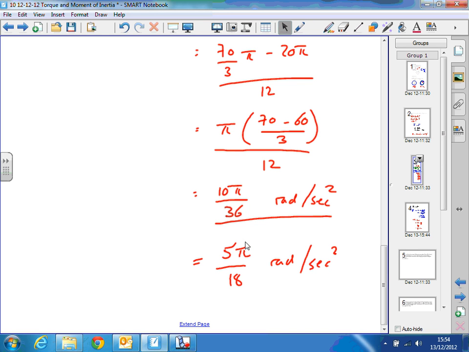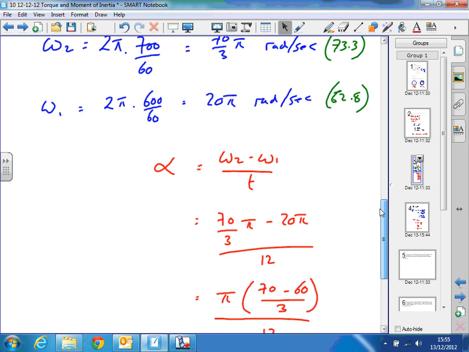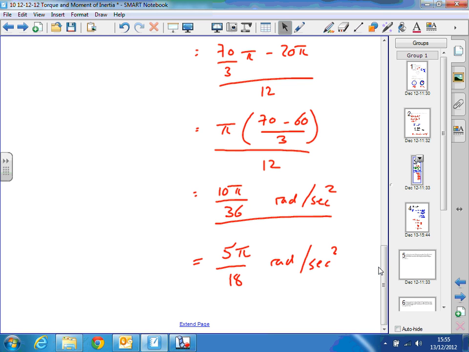Perfectly acceptable. I'm not saying you must do it this way. I'm just saying, often when you're doing a lot of work with rotation, you will find that leaving the answer in terms of pi is the best way to go. And so that's what I've done here. But if you're just after an actual value, 0.875, whatever it was, then that would do in most situations, okay?